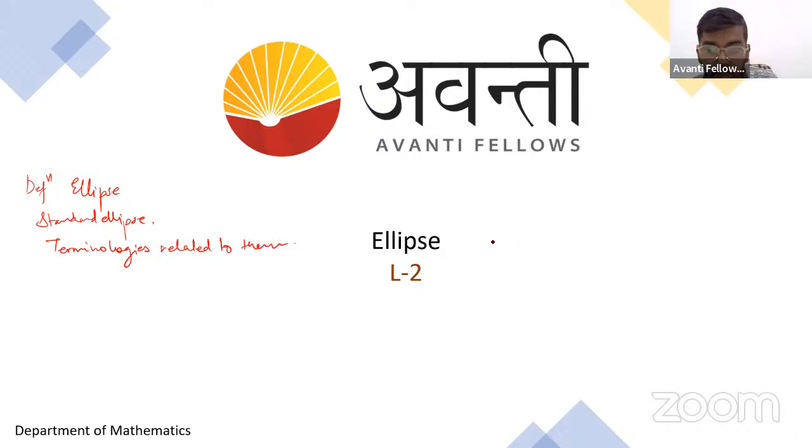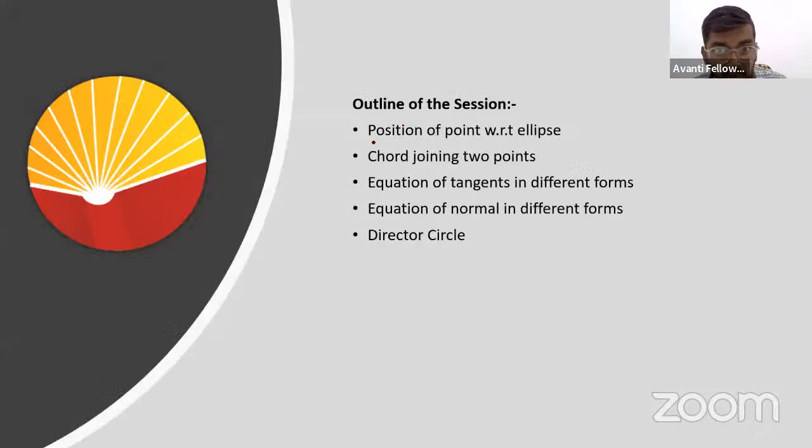So in today's class, we'll study the position of a point with respect to an ellipse, the chord joining two points, the equation of a tangent in different forms, the equation of a normal, and the director circle.